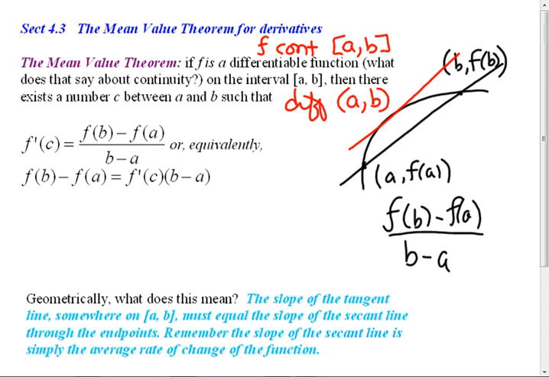And this has been on the exam. It was on the exam last year, actually. Okay, this is the average rate of change, or your average velocity. So if you average 50 miles per hour, someplace the instantaneous rate of change has to equal that.